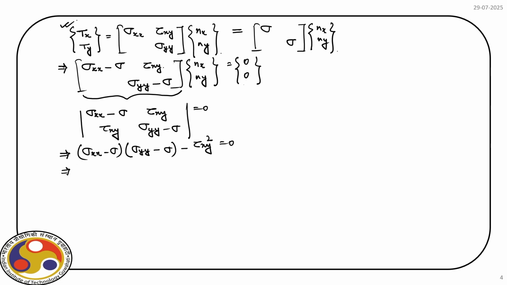If we simplify it further, we get sigma square minus (sigma xx plus sigma yy) times sigma, plus sigma xx sigma yy minus tau xy square.